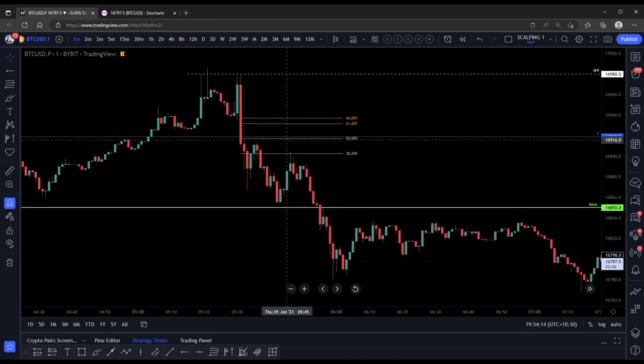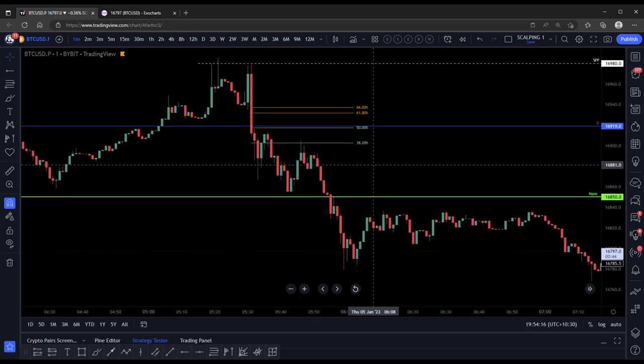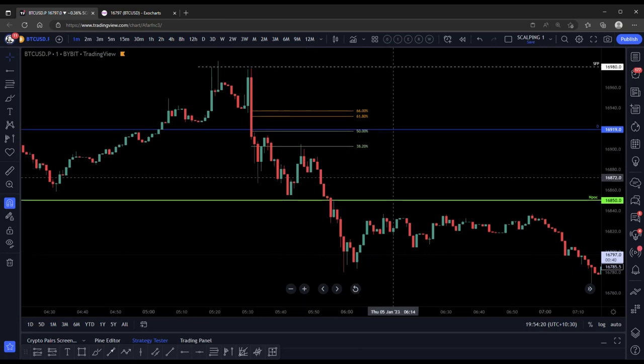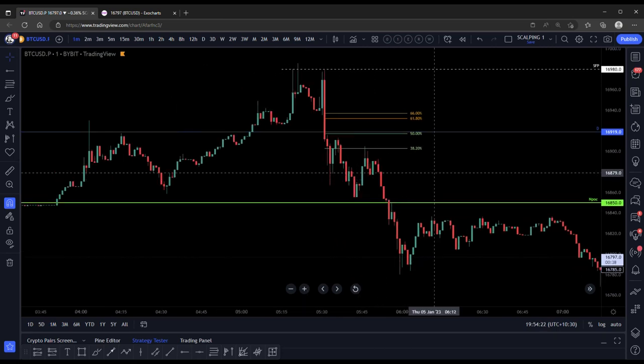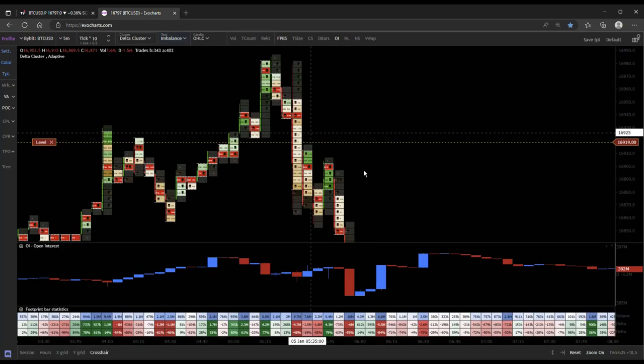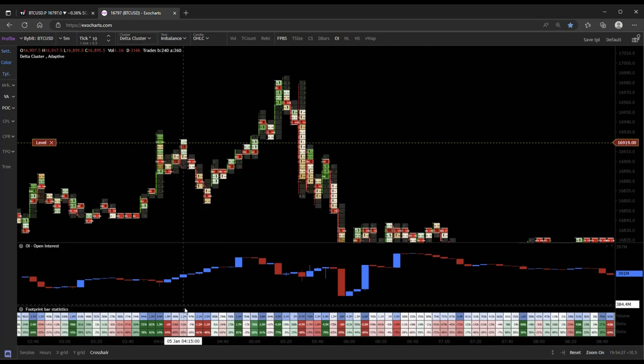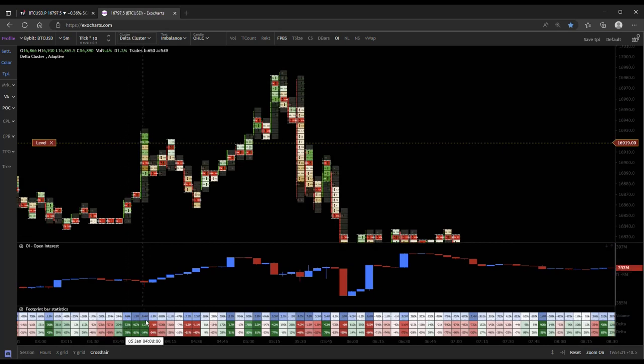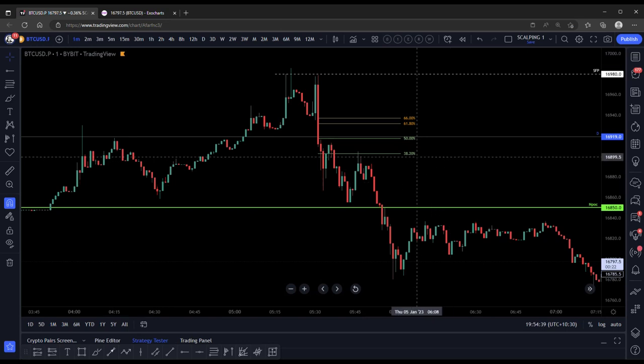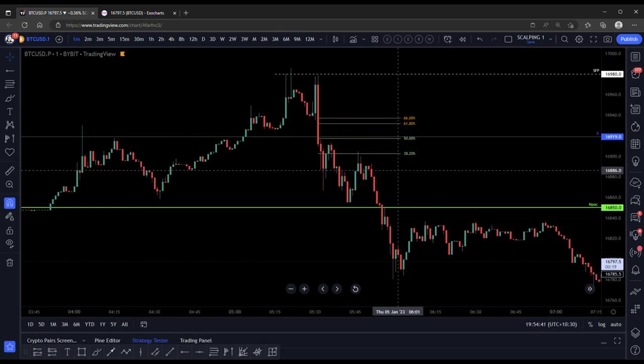So this is how I got into this entry today. Yeah, it's pretty straightforward. You can see new longs coming in, positive open interest, so increases in open interest up to a key level on the chart.